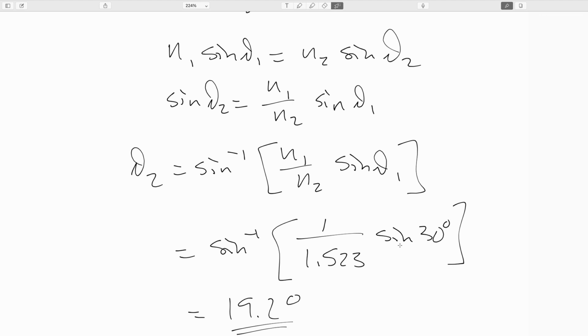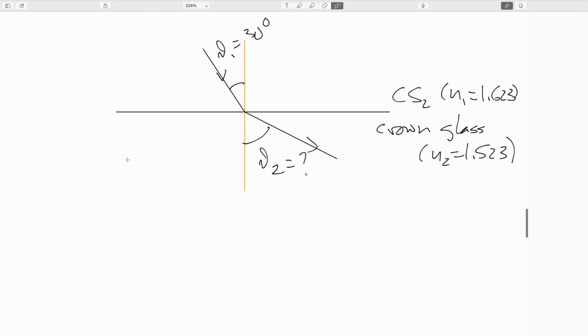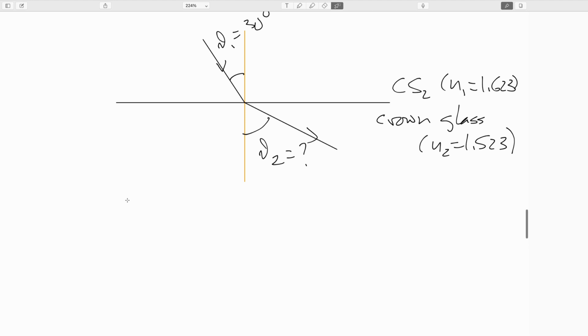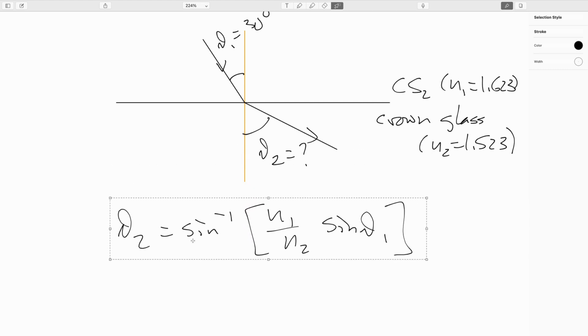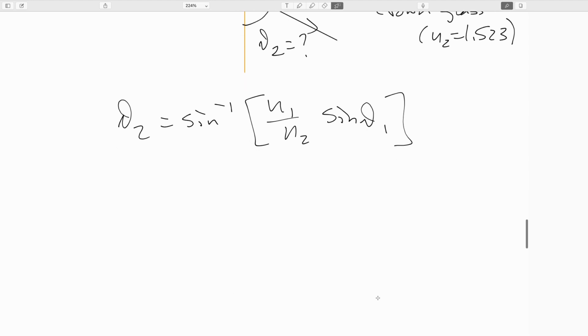So this means that we can just go ahead and steal the result that we had from before. Copy. And paste. There we go. And substitute in the new numbers.